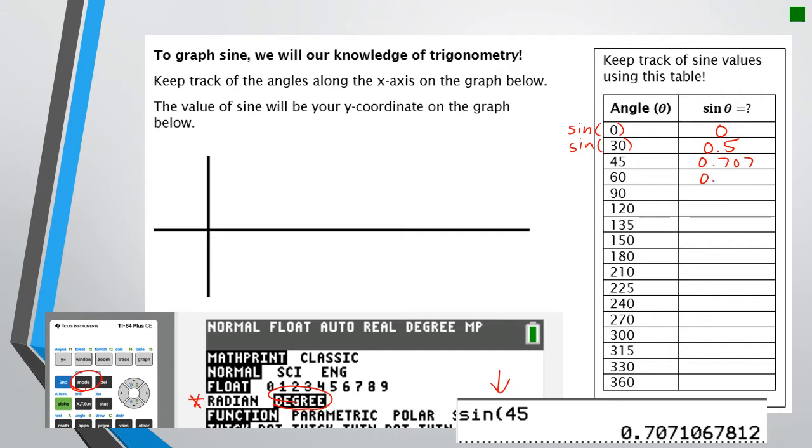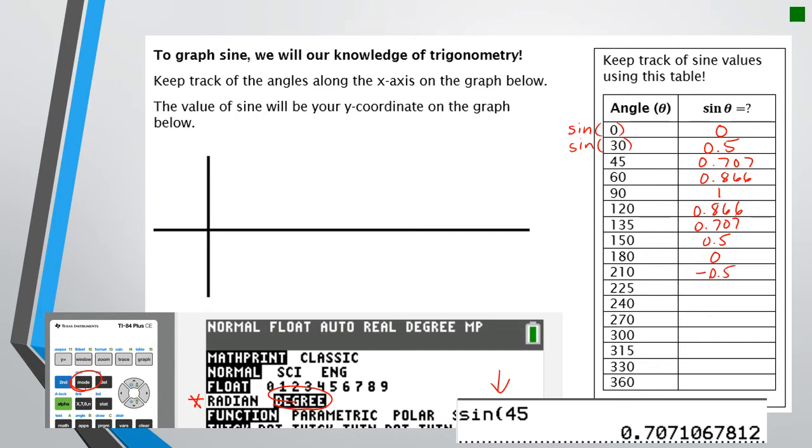So sine of 60 is 0.866. Sine of 90 is 1. And then we have 0.866 again, 135, 0.707, 150, 0.5, 0, and then our numbers start to go negative.